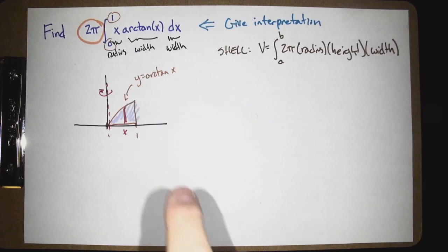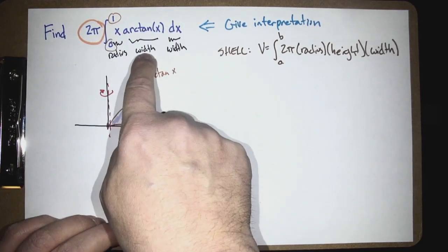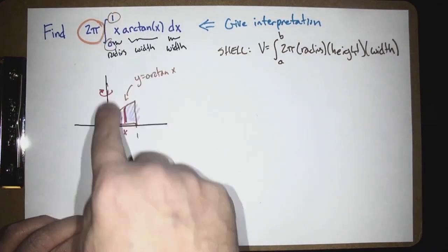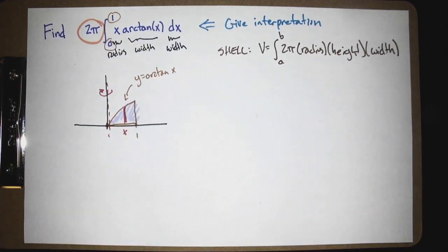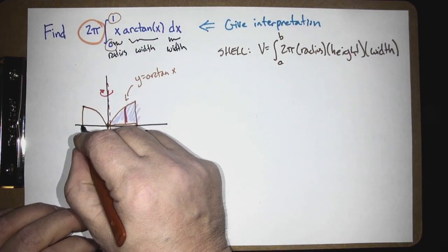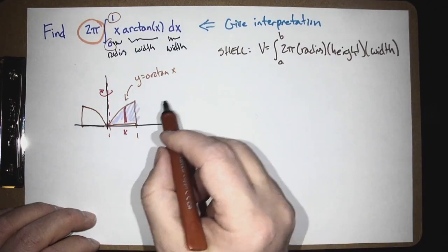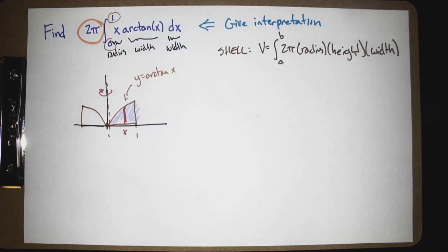So we're piecing together our radius, width, and height. Our arctangent gives us, in our bounds, our region, and then we figure out from our radius where we're spinning around. So now we have a setup. We're finding this volume when we spin. Now, you might say, cool, but how does that help us get our answer?